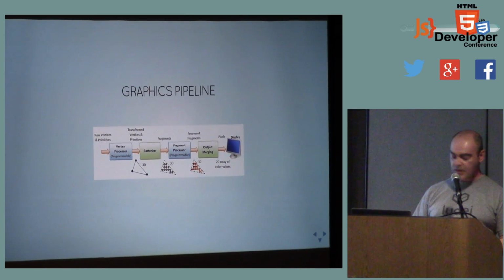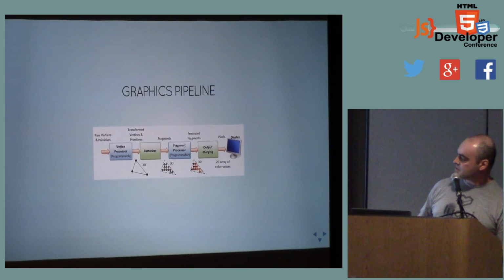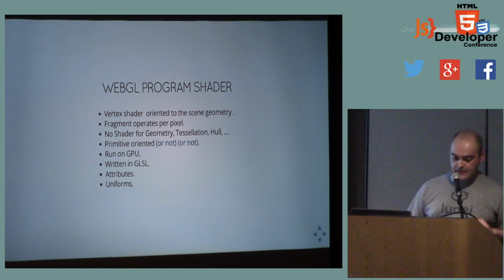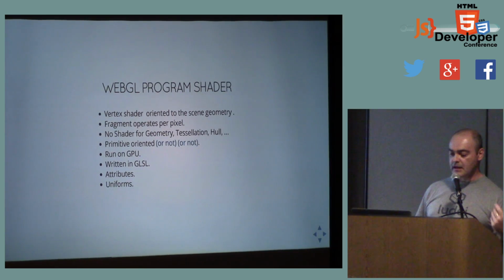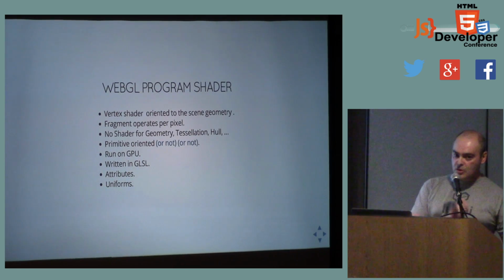And why is this so powerful? Because there are two parts which are programmable: the vertex processor, and then the fragment or pixel processor. So from now on, our best friend is going to be the WebGL shader program, which is these two parts. Vertex shaders deal with geometry and are oriented to your scene geometry.